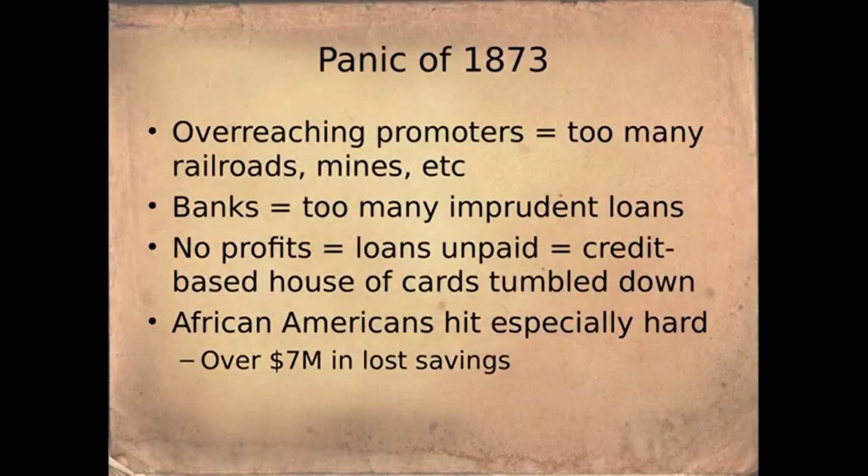And all the Europeans are selling what they had invested in it. And so the market is flooded with these bonds, and nobody wants to buy them, and nobody has any more cash, and the railroads go bankrupt, and now you've got this big giant problem. It's basically the house of cards tumbling down.